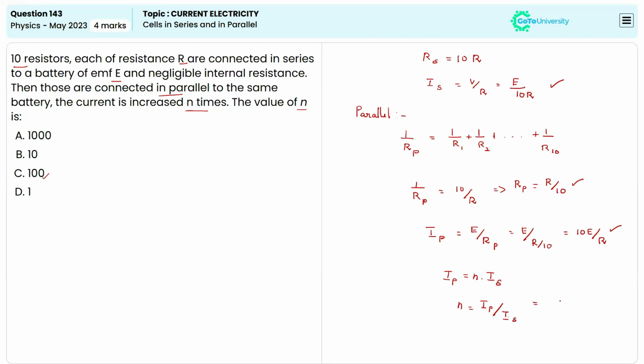Now we can apply the values. It will be 10E divided by R, divided by E divided by 10R. When we simplify this, we will get the answer of 100. So the current increased 100 times. That's why the answer here is option C.